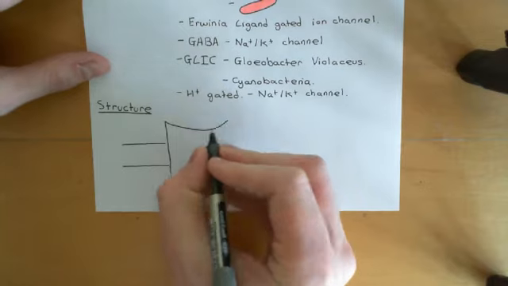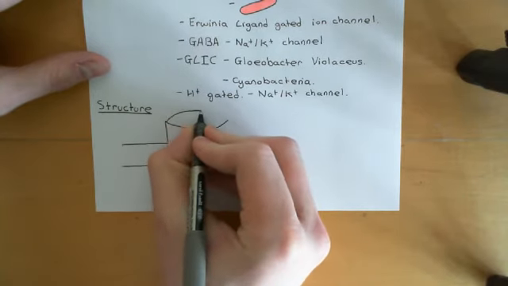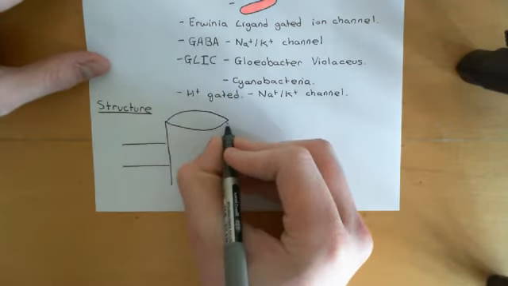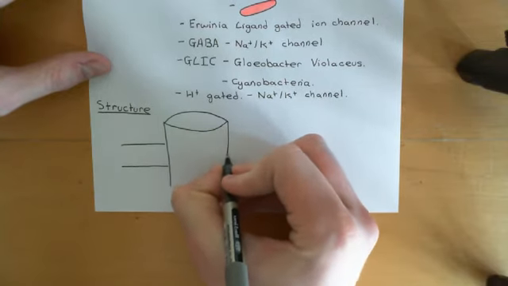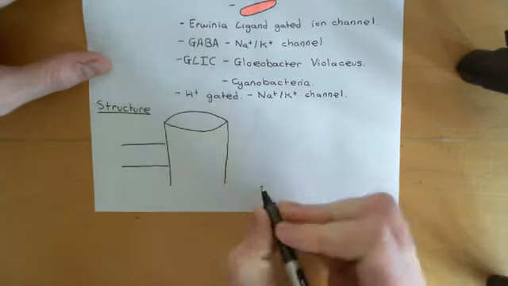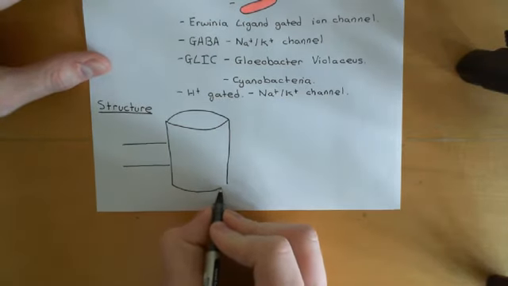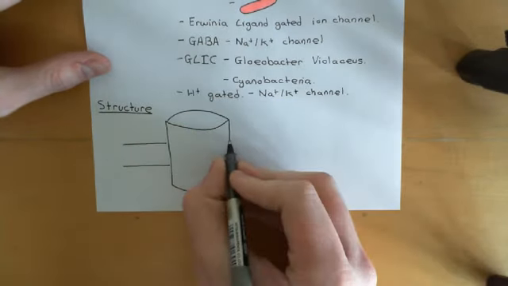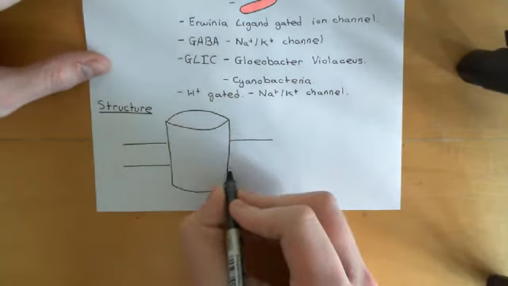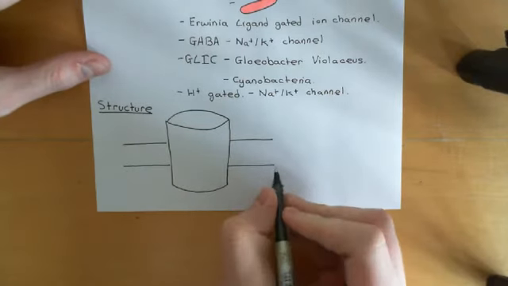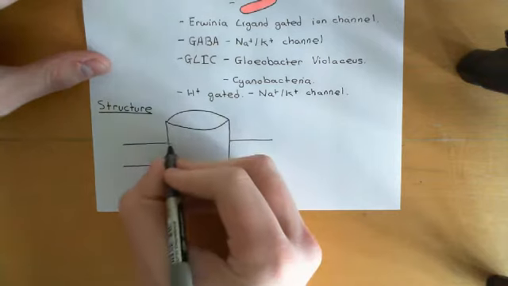It's going to have three separate domains: the extracellular domain, the transmembrane domain, and in the case of the mammalian Cys-Loop receptors, which are the ones that we're the most interested in, because they're the ones that are in humans, you're going to have an intracellular domain as well. But in the case of the non-mammalian ones, GluCl, ELIC, and GLIC, you don't have that intracellular domain.